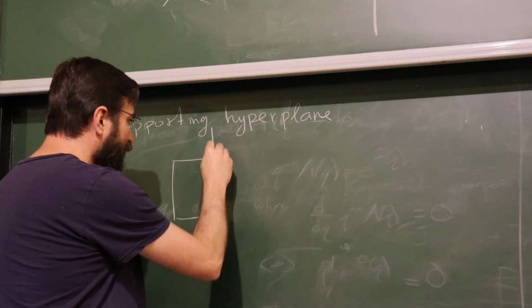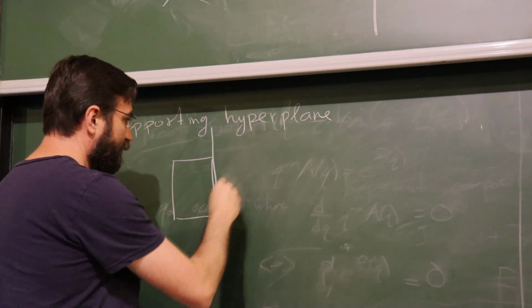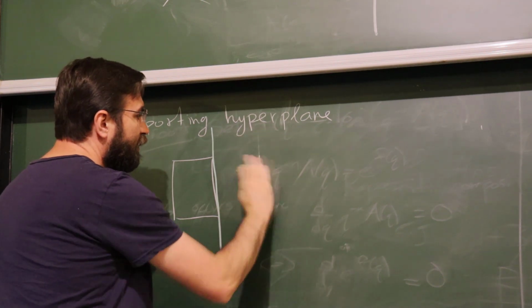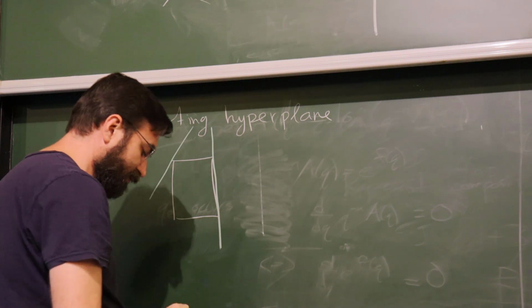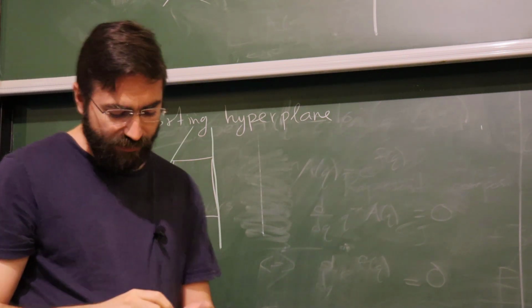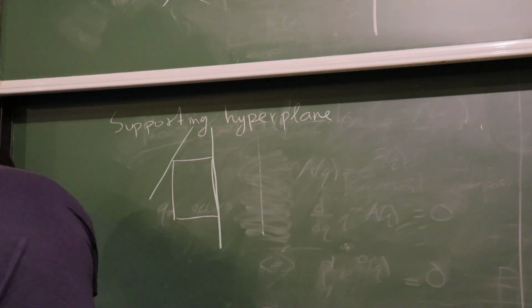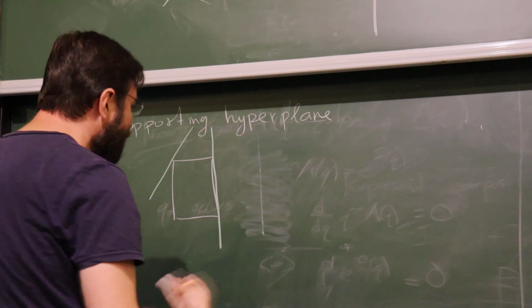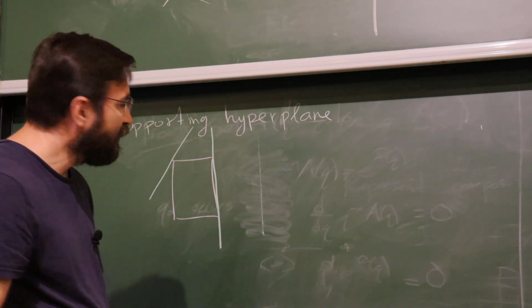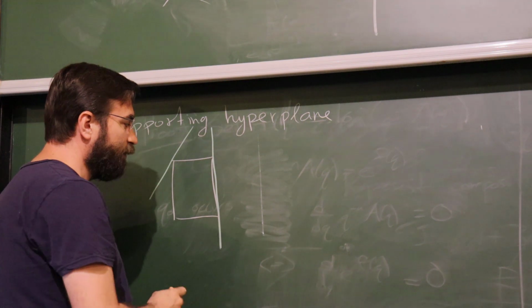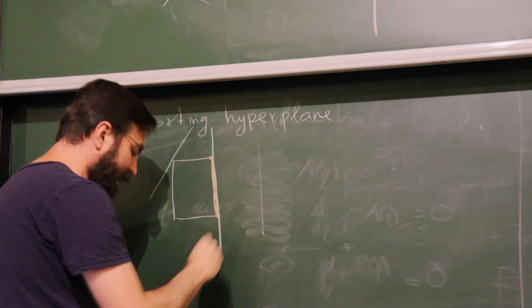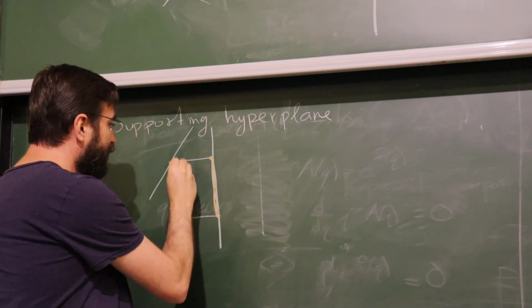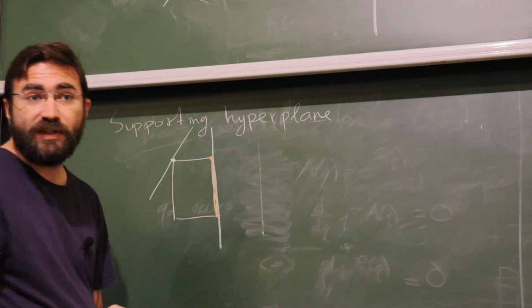So for example, this is a supporting hyperplane, while this is not, right? This is also a supporting hyperplane. That's it, simple definition. Now, what is a face of a polyhedron? It is the intersection of a supporting hyperplane with the polyhedron. So this, for example, is a face. This is a face, etc.